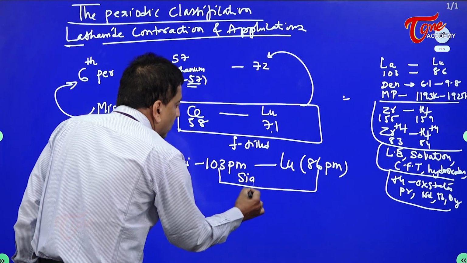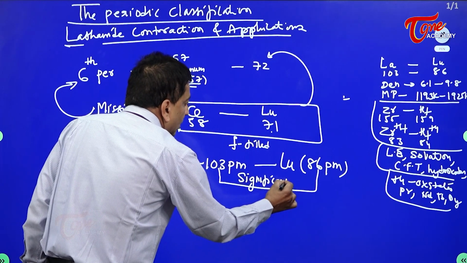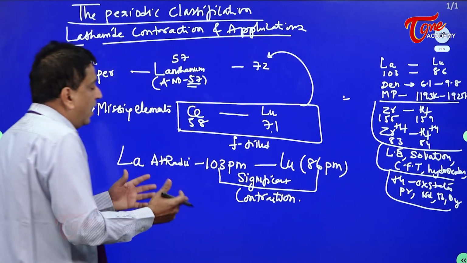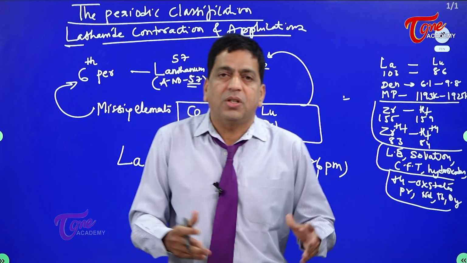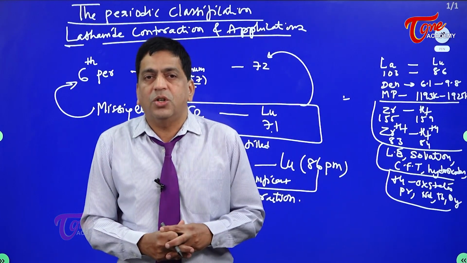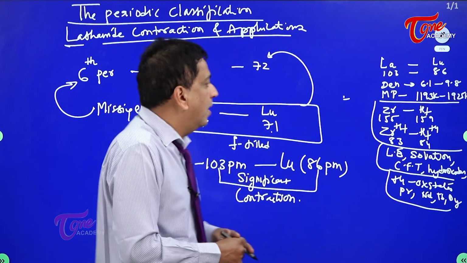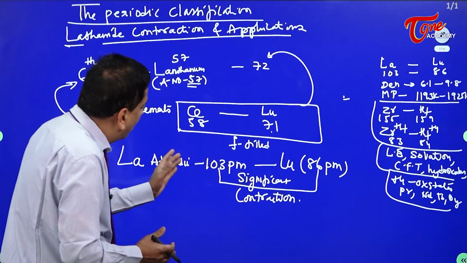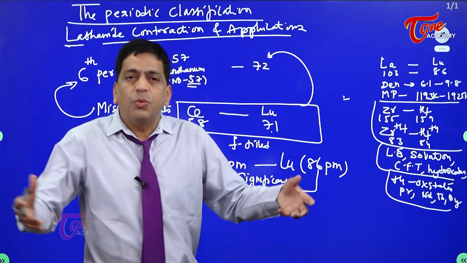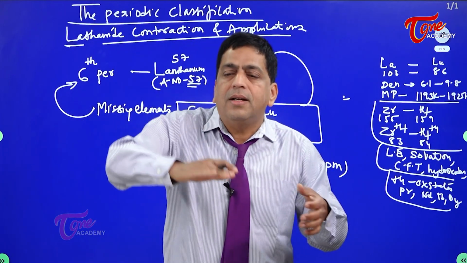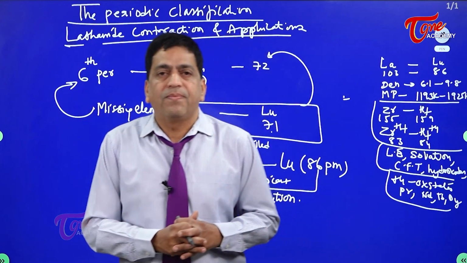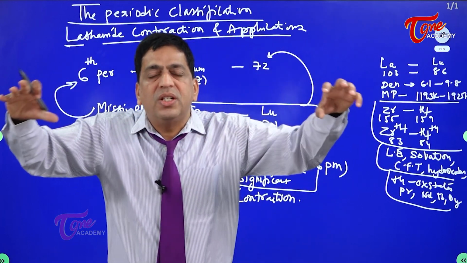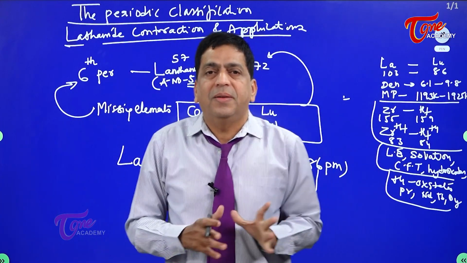Contraction, you must understand. It's a very significant word, which you cannot discount. There is a contraction from 103 to 86. When the size decreases, it has a direct bearing on density, and melting points in chemistry are functions of density.